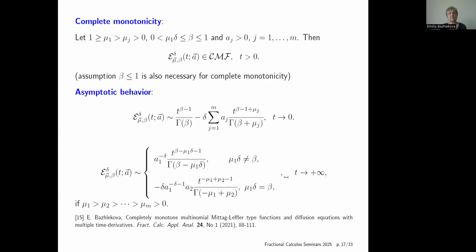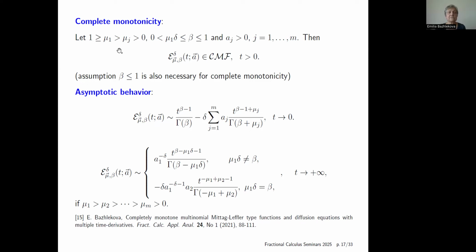After that, the complete monotonicity result, which is also a generalization of the complete monotonicity result for the Prabhakar function: if all mu are between 0 and 1, and mu1 is the largest of them, and it satisfies these inequalities, and the other parameters are greater than 0, then the multinomial Prabhakar function is completely monotone.